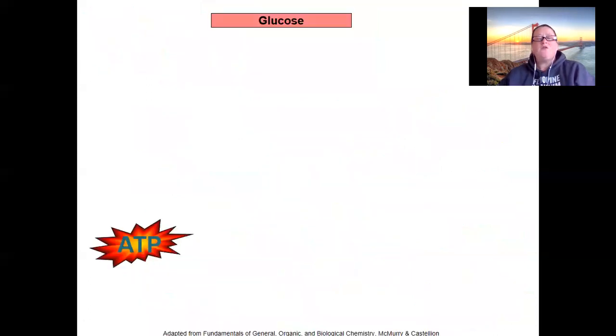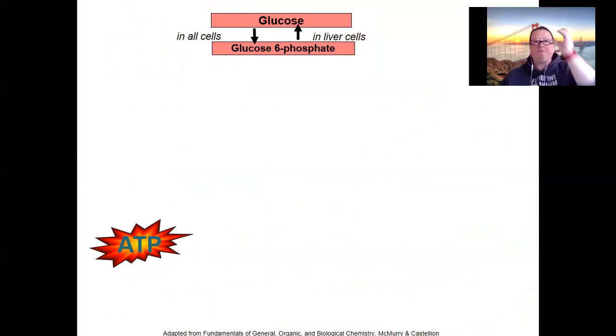Okay, so talking about carbohydrates, the very first step in carbohydrate catabolism. Now, this is going to talk about how glucose is broken down and also how it can be created.